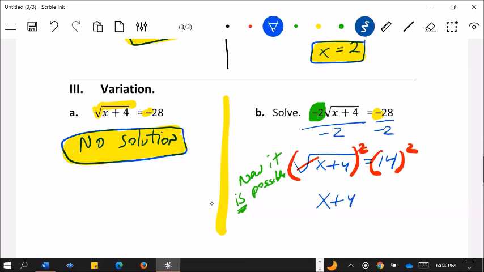So I have x plus 4, and then 14 squared. Let's see, 14 squared is 196. And if I subtract 4, I have 192.